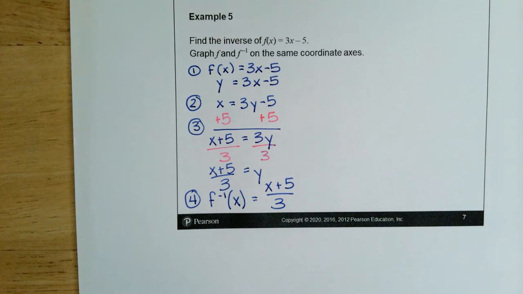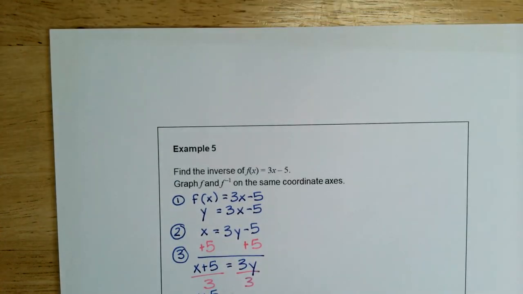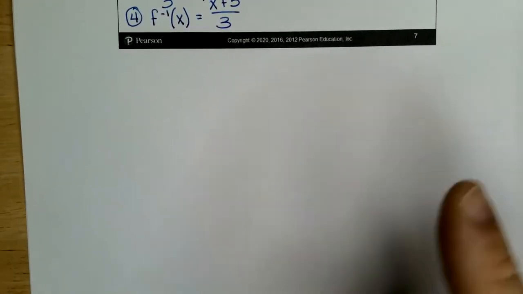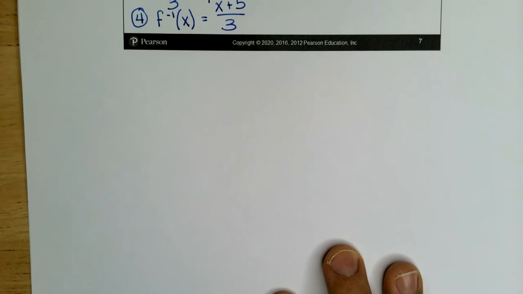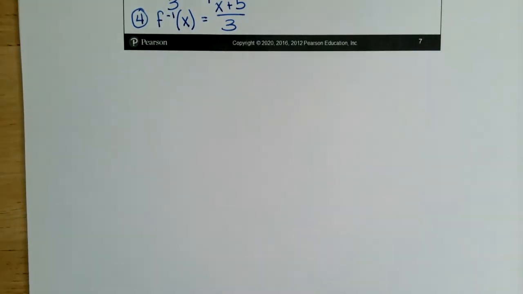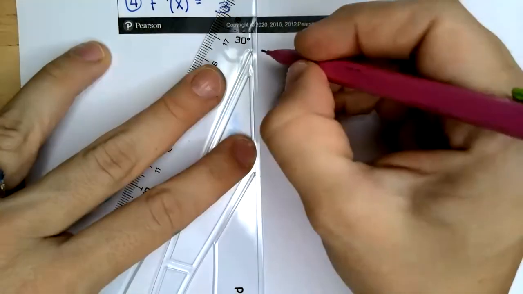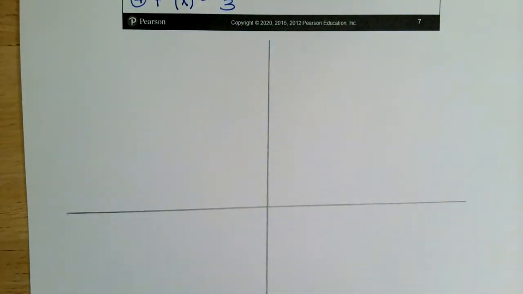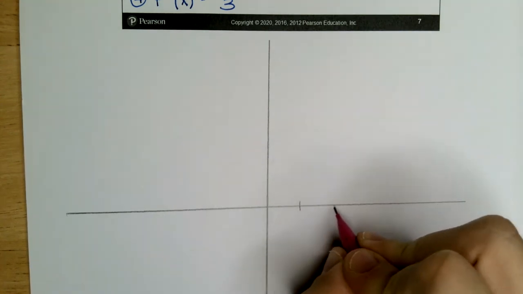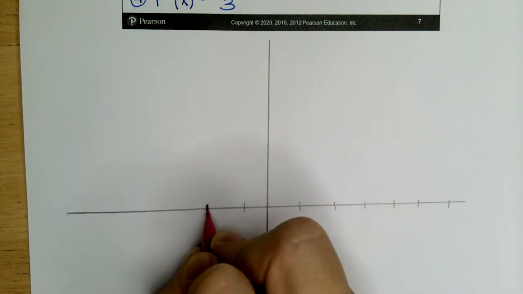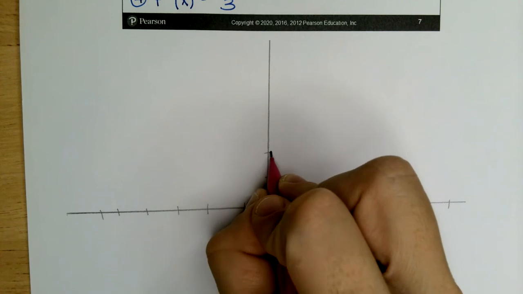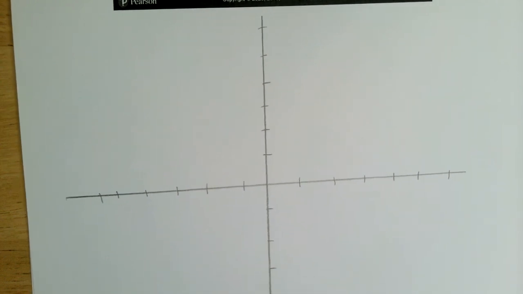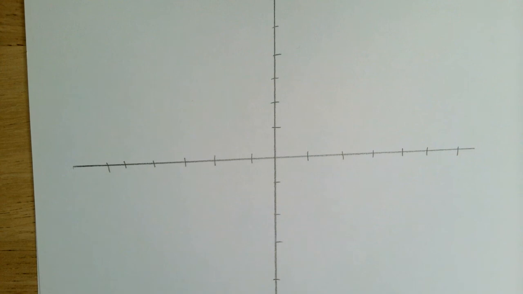Okay. And then it asks us to graph f and graph the inverse on the same coordinate axes. All right, we have the graph 3x minus 5.